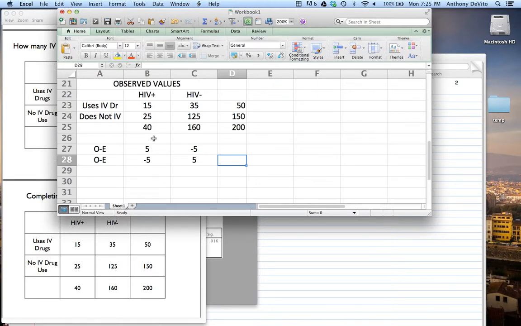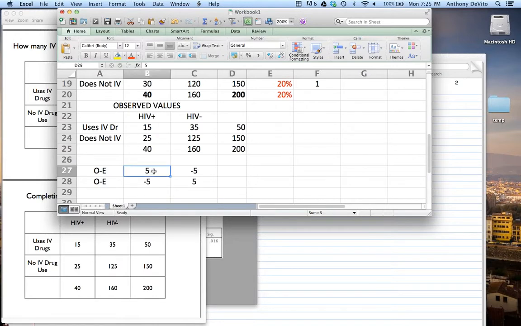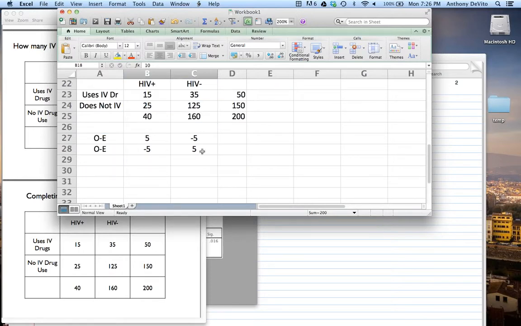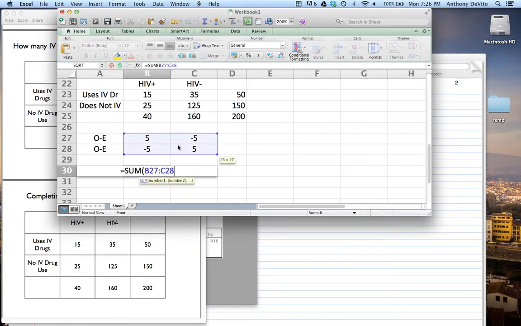All right, so now if these turn out to be 0, if I was really lucky and it turned out that I got exactly the same numbers as here, I would say there's no association between these two. So all of these would be 0. So I'm going to take all of these and add them up and see how different they are from 0.